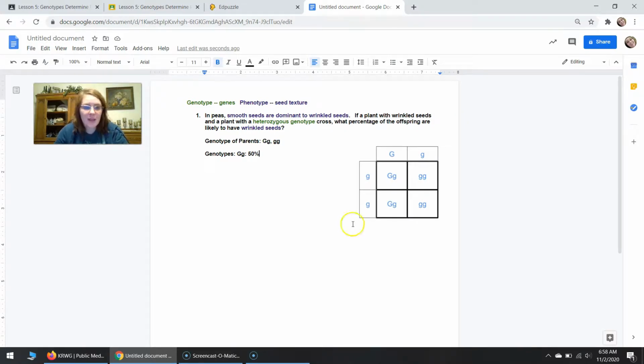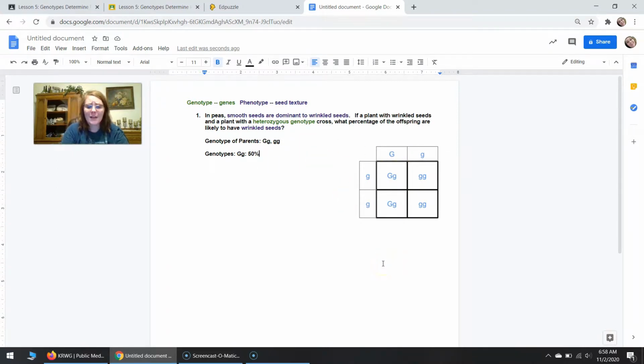You can't have 10% because there's not 10 different blocks in here. It's like quarters. You have 25 cents, 50 cents, 75, $1, right? So we have 25%, 50%, 75%, 100, and if none of them, like none of these are big G, so we don't have any percentage for that.